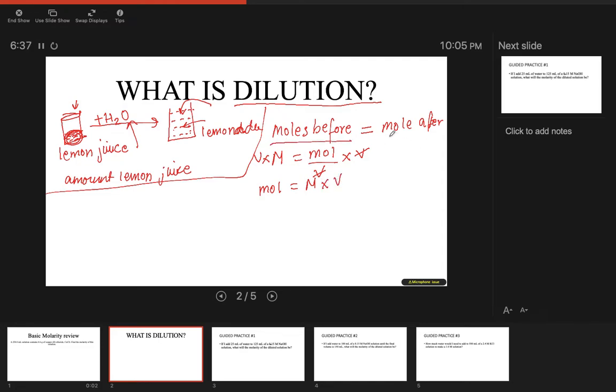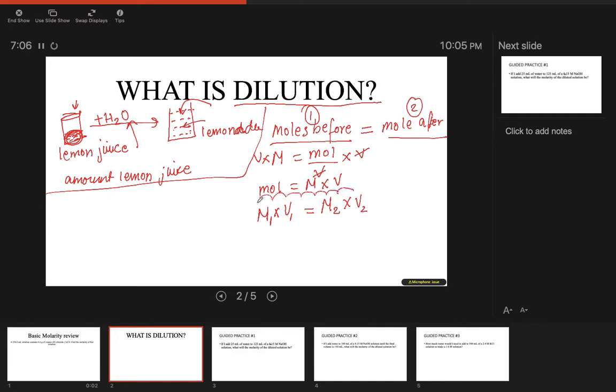Moles before equal moles after. If this is situation number 1 and this is situation number 2, the moles in situation 1 equal molarity 1 times volume 1, and in situation 2, molarity 2 times volume 2.